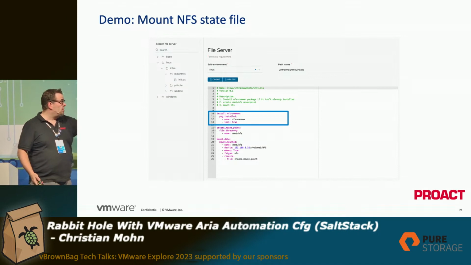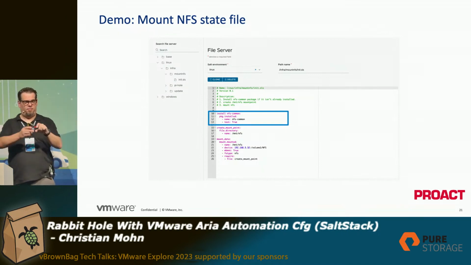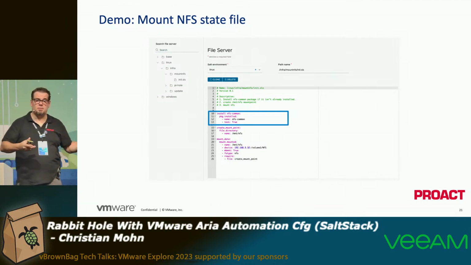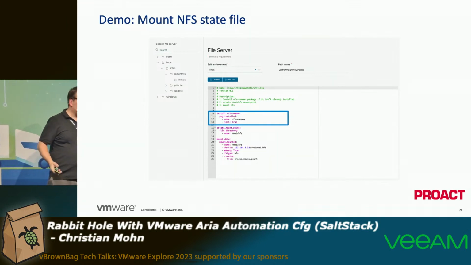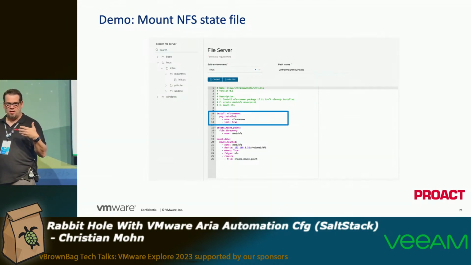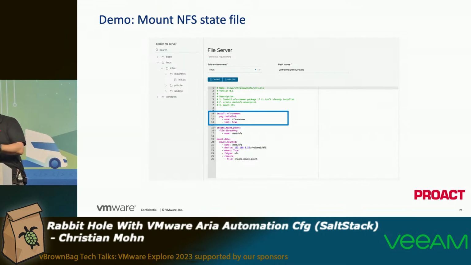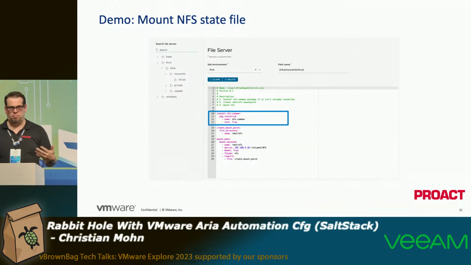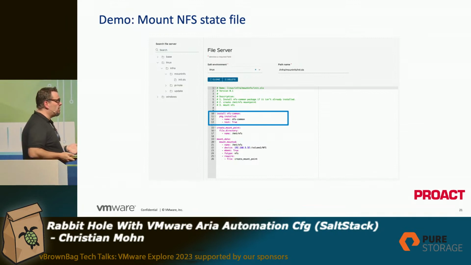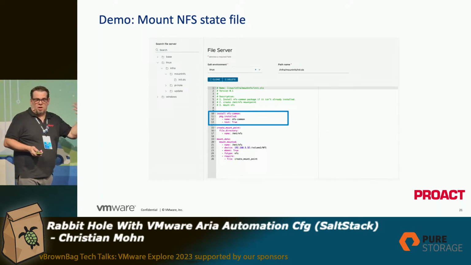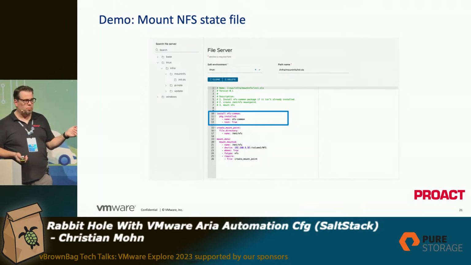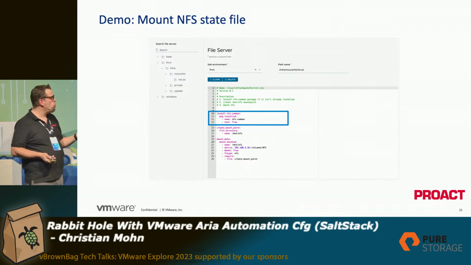You can build in logic in these files as well. If OS equals Windows, then do this instead, right? But this kind of takes away the complexity of multi-Linux management. You don't have to care about that as a Salt admin because it does it with the native package manager that Linux distribution has.